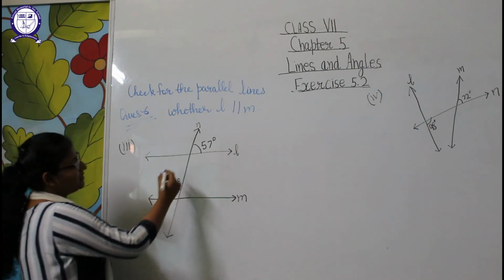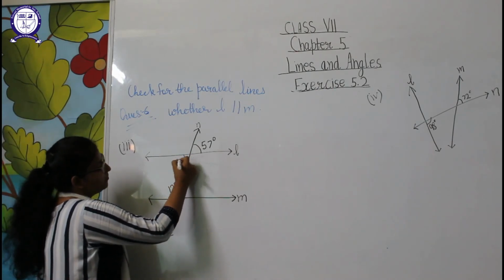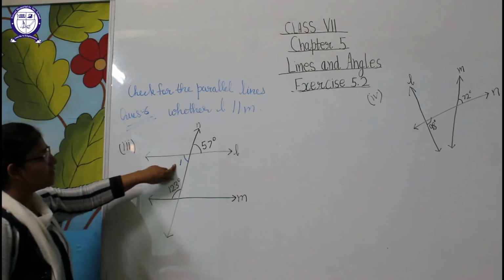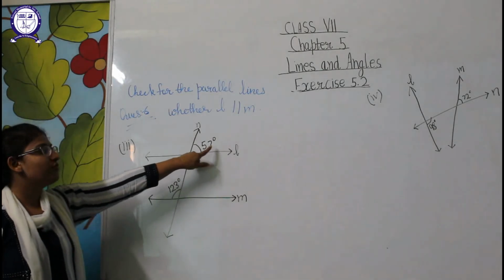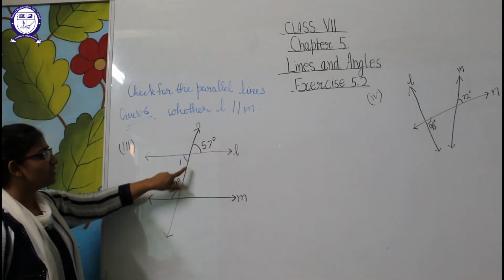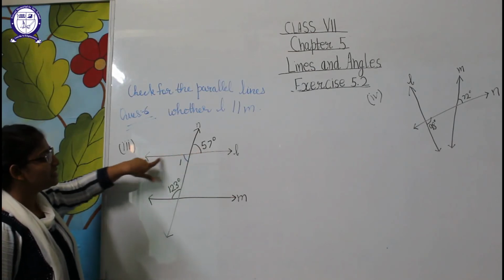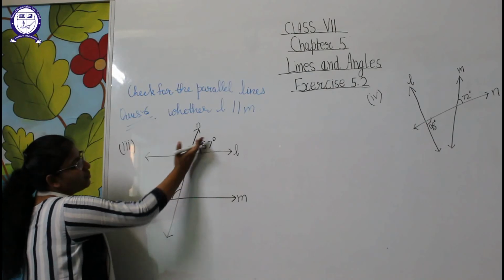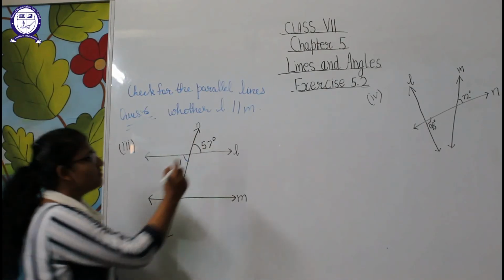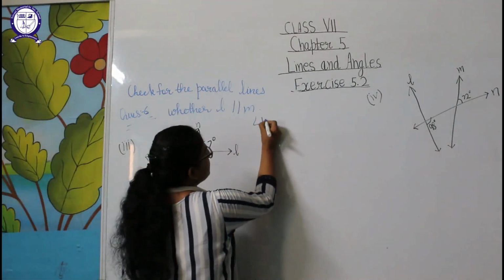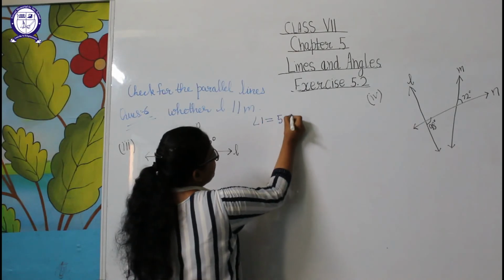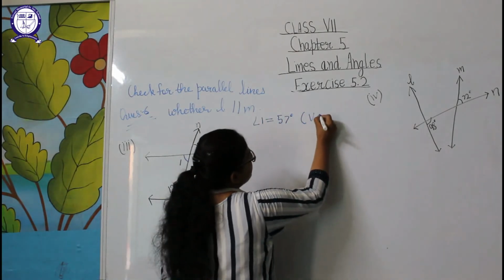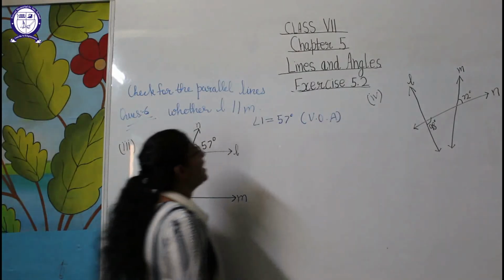So I am taking this angle as 1. And here we can say that angle 1 is vertically opposite to 57 because these two are coming on these two intersecting lines. This is the intersection point here and they are opposite to each other. So we will write angle 1 is equal to 57 degrees because they are vertically opposite angles.